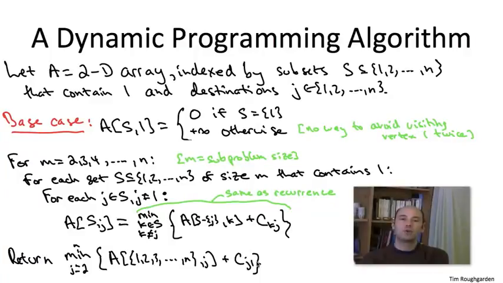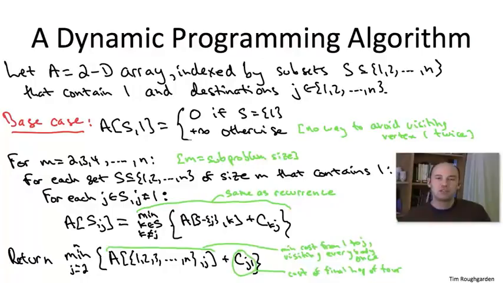So you can skip the choice of j equal 1, that one doesn't make sense, but for the other n-1 possibilities for that final vertex j, you take the previously computed value of a shortest path that starts at 1 and goes to j and visits everybody exactly once. You tack onto that the cost of the final hop, going home to 1 from vertex j, and of those n-1 different solutions, you return the best of them. That is in fact the cost of the minimum cost traveling salesman tour.